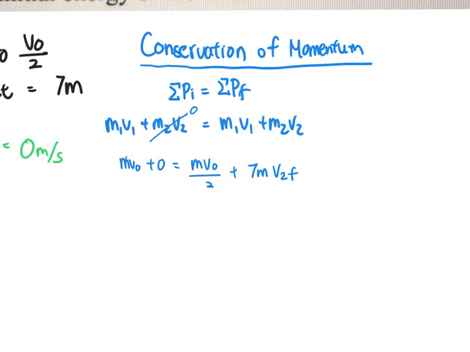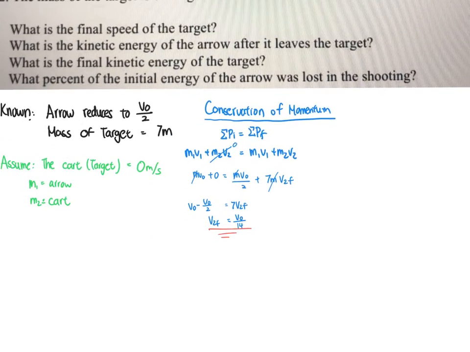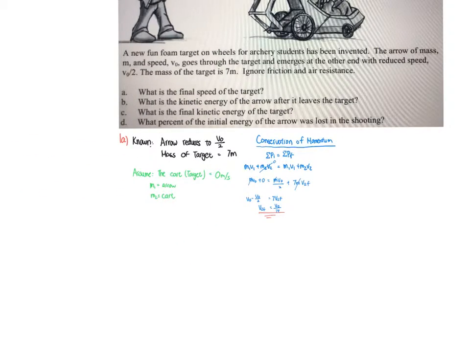Then we have a common m that we can cancel. Then we're left with v naught minus v naught over 2 equals 7 v2f, which equals v naught over 14. Thus being the answer. So that's your 1a.